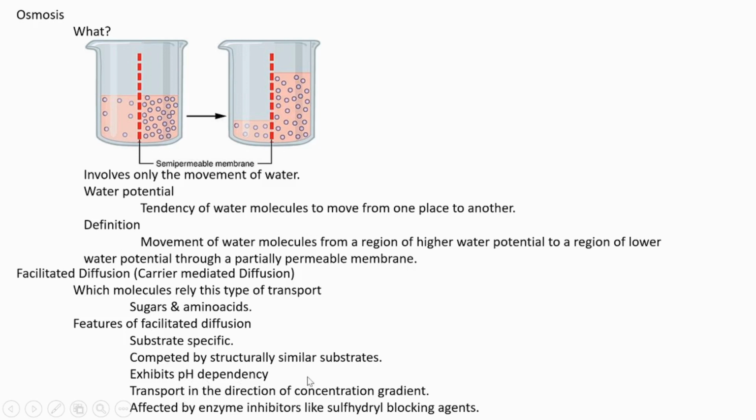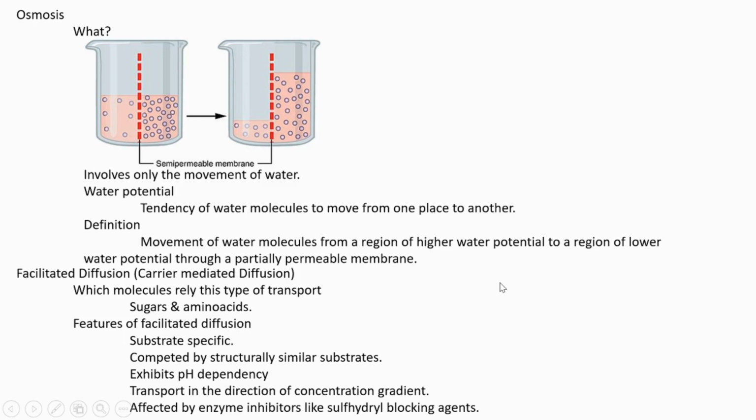The next feature is that the transport performed by the carrier protein takes place in the direction of the concentration gradient. And the last feature is that the activity of that carrier can be inhibited by enzyme inhibitors like sulfhydryl blocking agents. These are the features of facilitated diffusion.